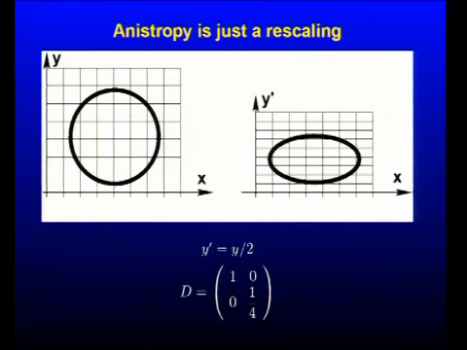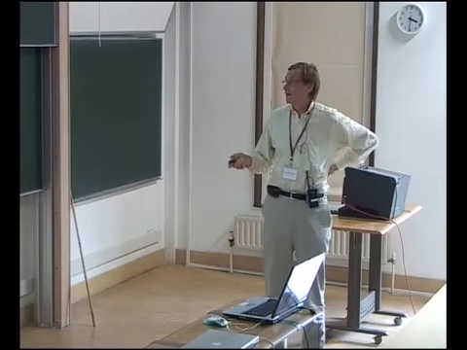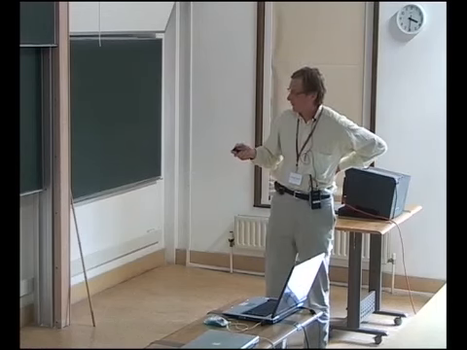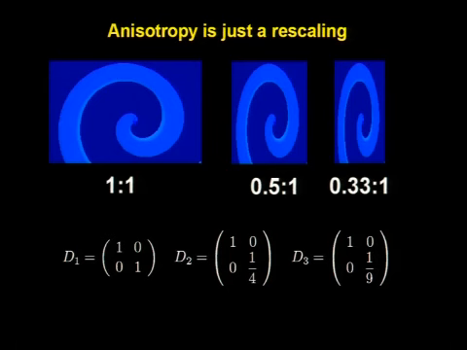When we talk from a geometrical point of view, anisotropy is nothing else than rescaling. Indeed, if you take a circle and compress it, for example, 2 times along this axis, you will get an ellipse, and this ellipse is exactly what you get in 1:2 anisotropy after initiation of a point stimulus and wave propagation here. People who do simulations have known about this for quite a while.